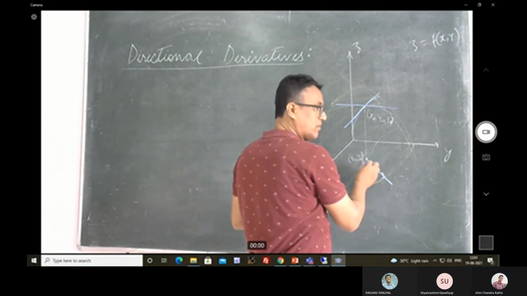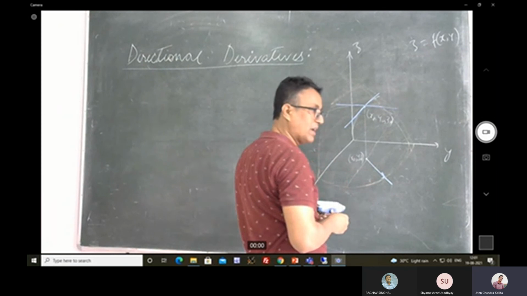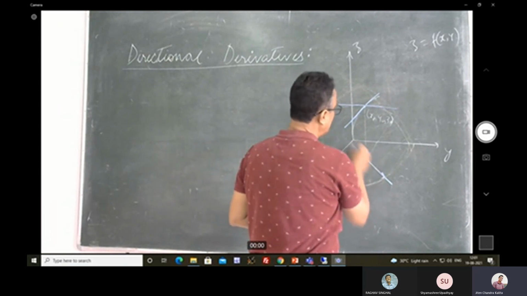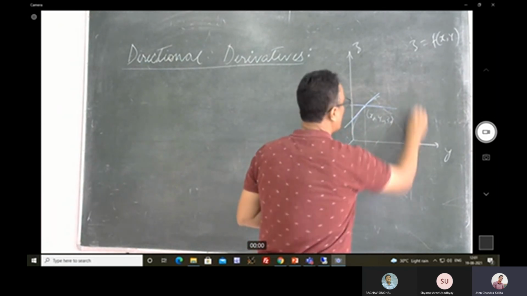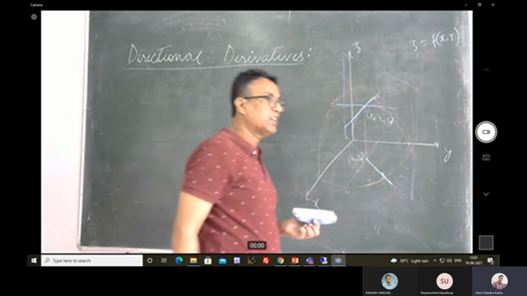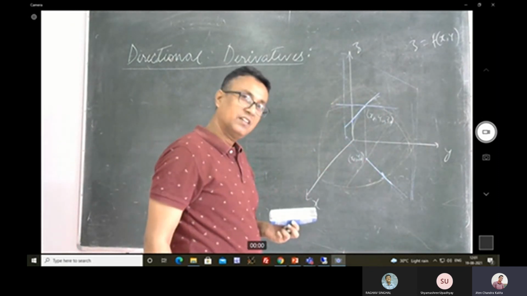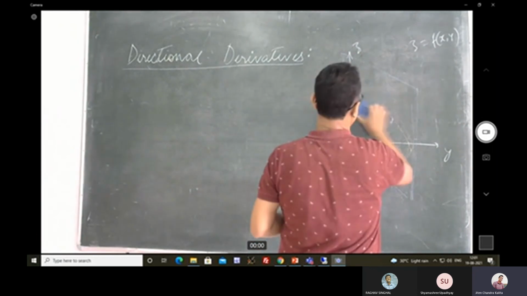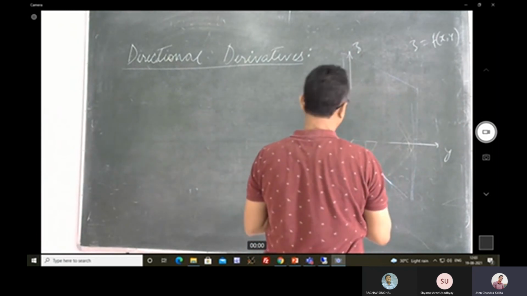Then what we will have to do, along this direction, we are going to erect a vertical plane, right? Is it okay?